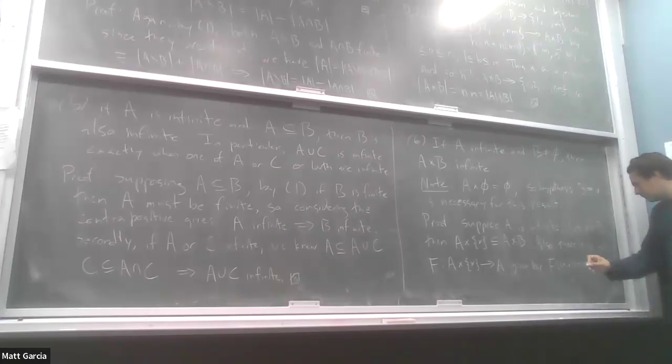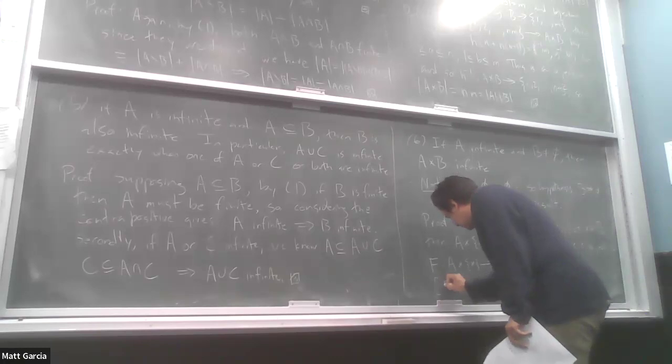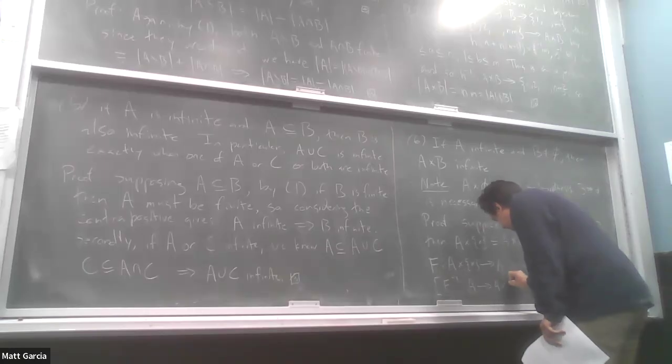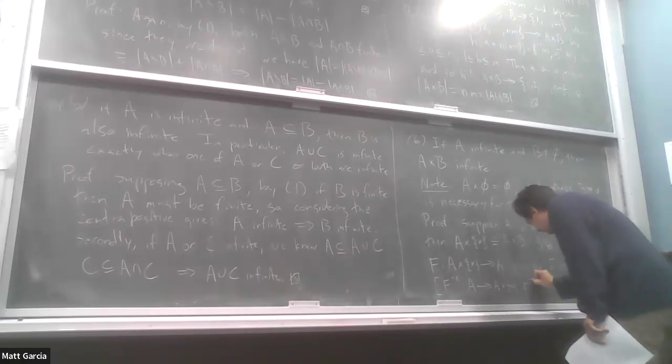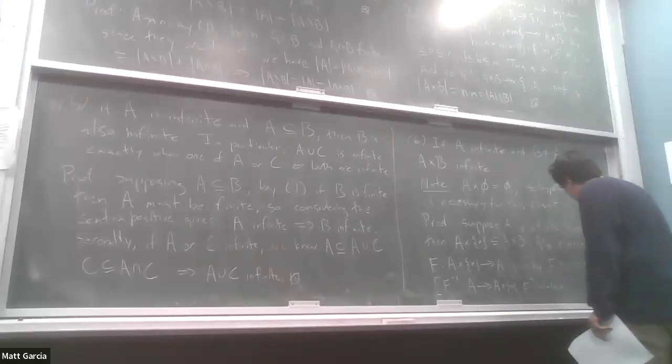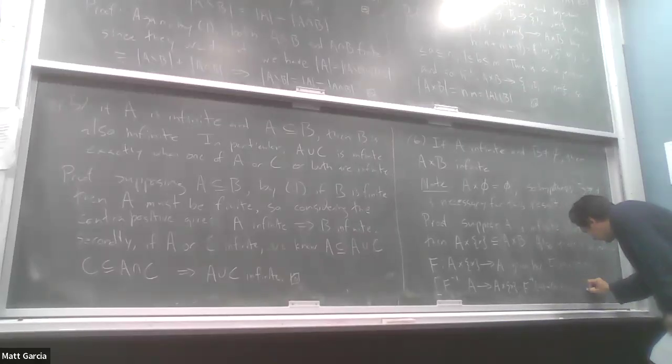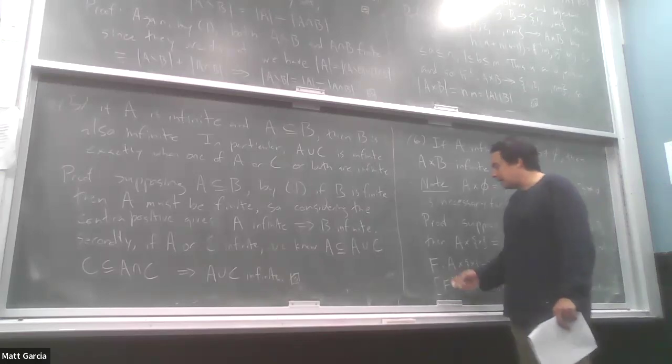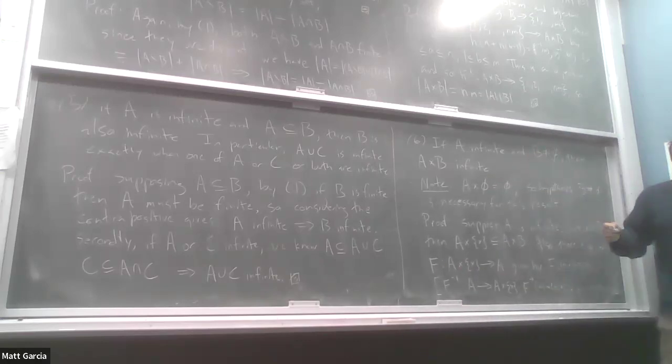What's the easiest way to show this? F inverse goes from A to this set, defined by F inverse of a is equal to the ordered pair (a, x), an inverse function. That is to say, if I compose F and F inverse and F inverse and F, I'll get the identity function on both sides.